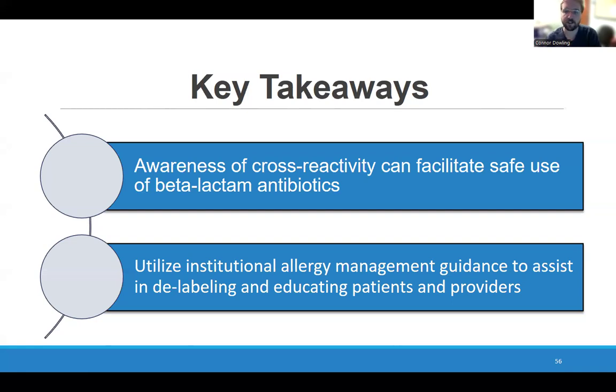Likewise, we can also look to utilize institutional allergy management guidance to assist in delabeling and educating patients and providers. And this is something that we do fairly frequently with our ClearPen protocol, as well as having some of our order sets for desensitization and our rescue medication order sets, and just monitoring our challenges as well as desensitizations.